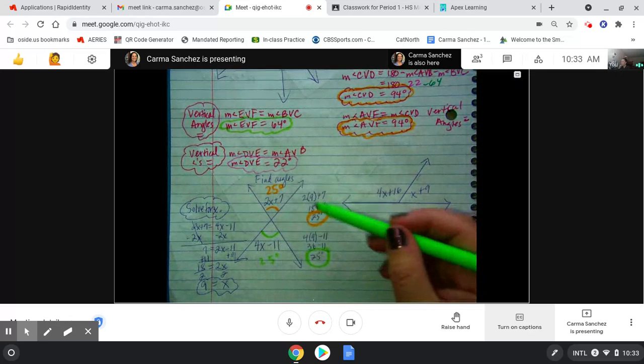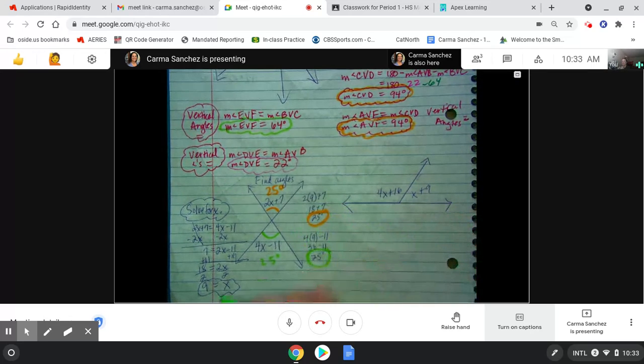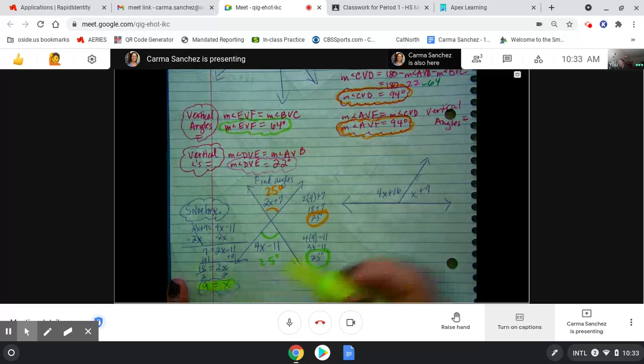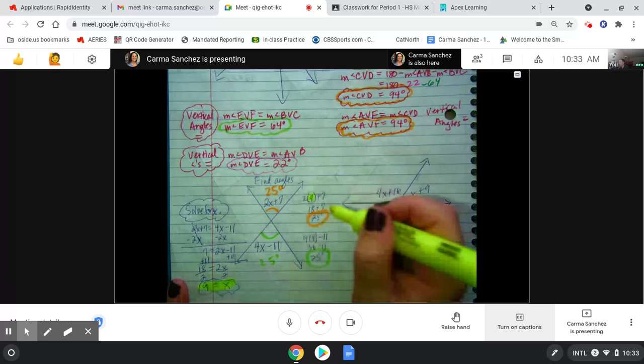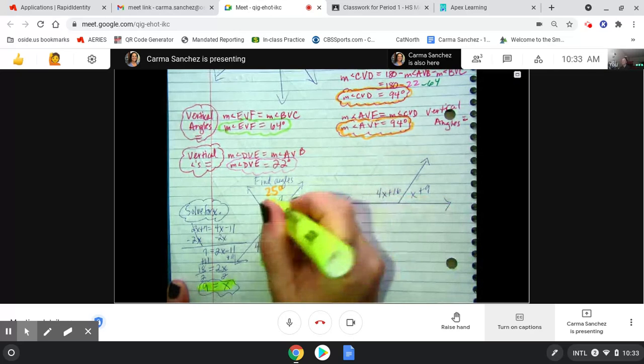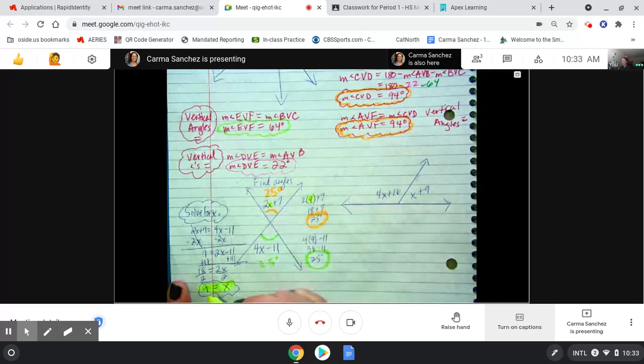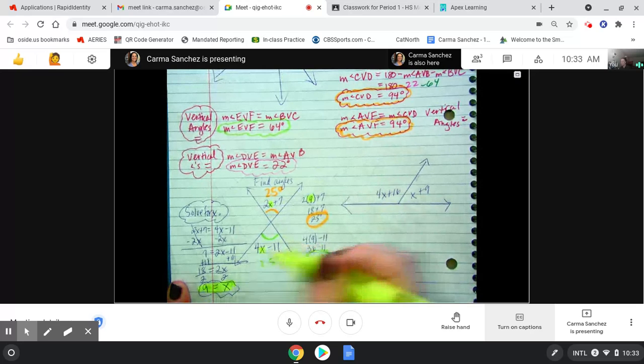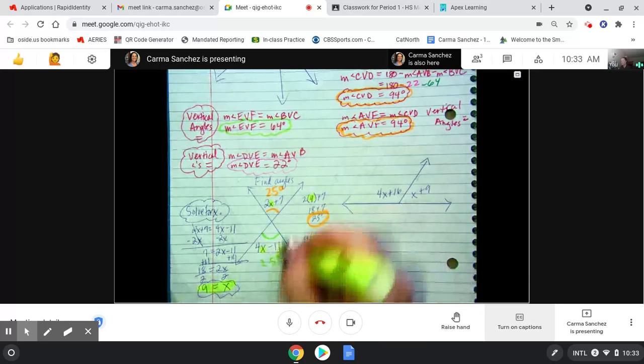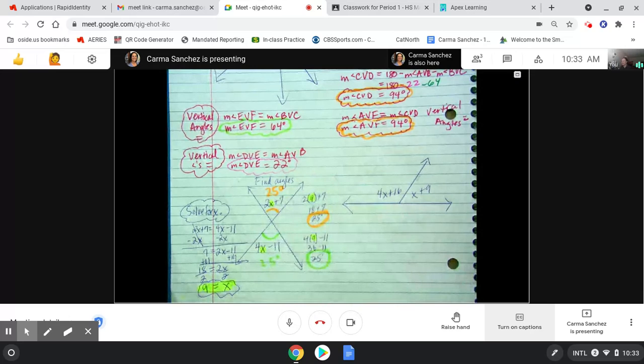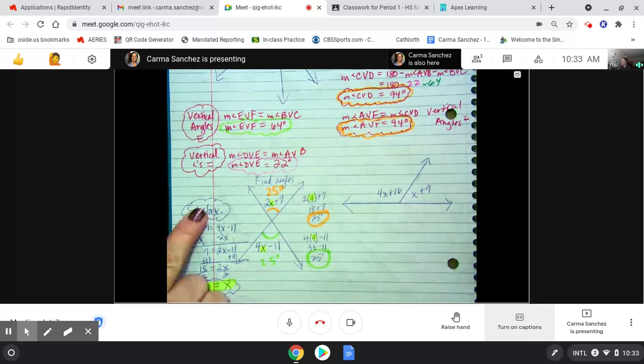So what did I do here again? I took the 9 from right here that we just solved for, and I plugged that 9 into this equation for x. Then I took the 9 and I plugged it into this equation for x to solve for the total measure of the angle. So if they ask us to solve for x, we stop.